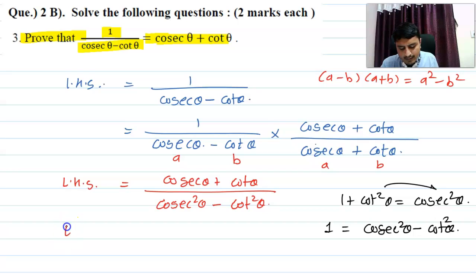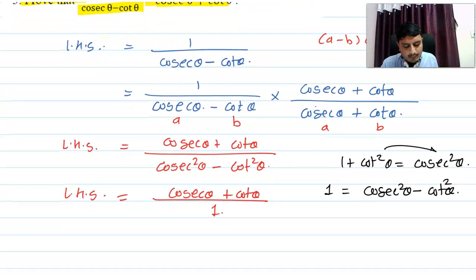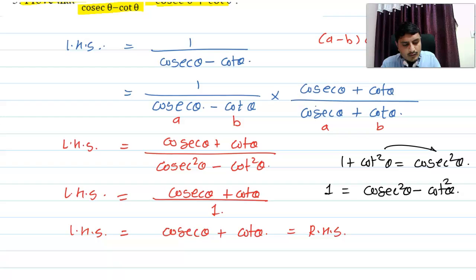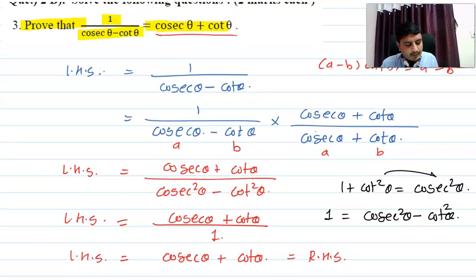So let us replace cosec square of theta minus cot square of theta by its value. As per the identity, we are having it as 1, and anything divided by 1 is the same thing. That means after simplifying the LHS, we are getting cosec of theta plus cot of theta, and that is exactly equal to the RHS of the given statement.